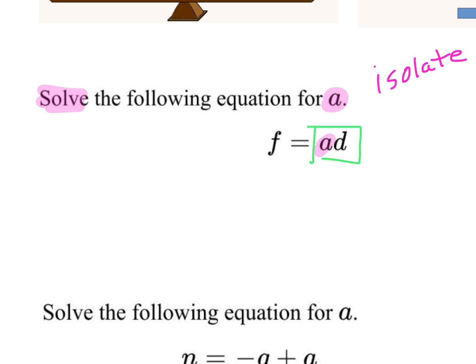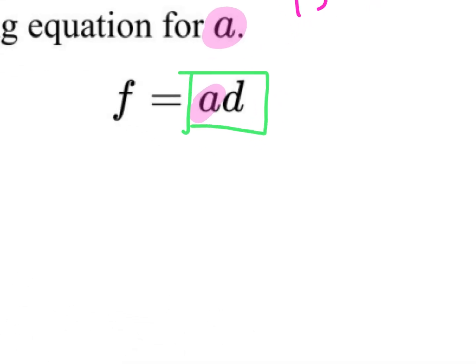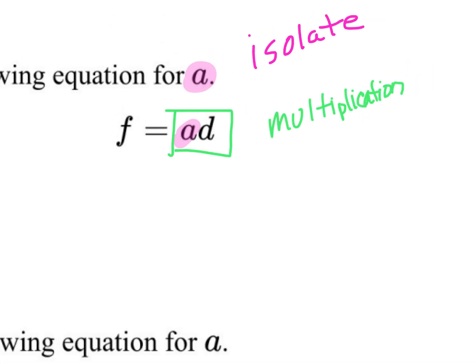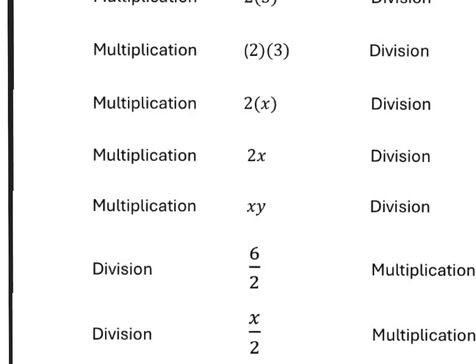When you've got an A sitting next to a D, anytime you have two letters sitting next to each other, that implies multiplication. If you don't remember that, I gave you this handy reference sheet, and you can see right here two letters sitting next to each other to represent multiplication, right?